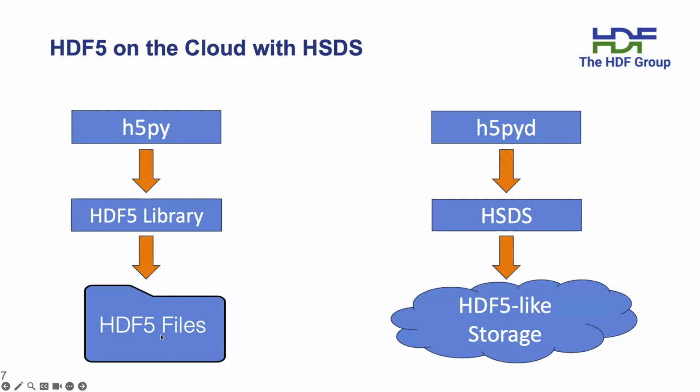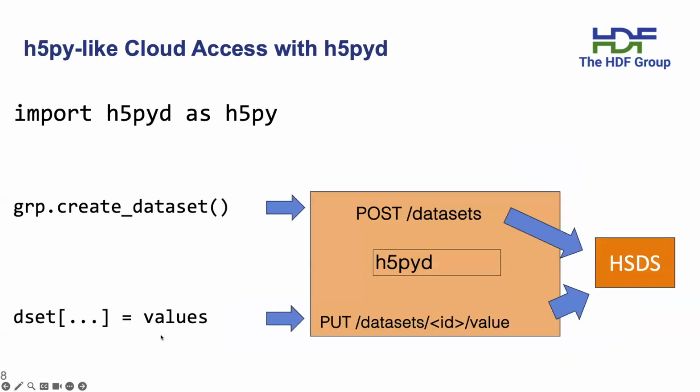But those h5py API operations are now going to be done under the hood as assembling a request to HSDS, sending it off, getting it back, and then unpacking HSDS's response into what you would normally expect as an h5py user. So what does that actually look like?